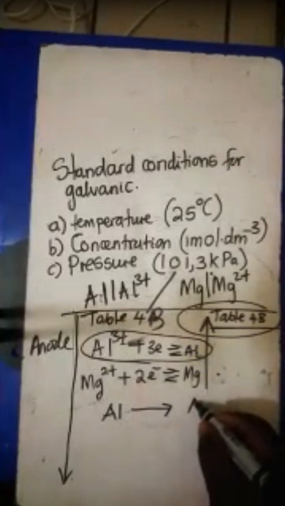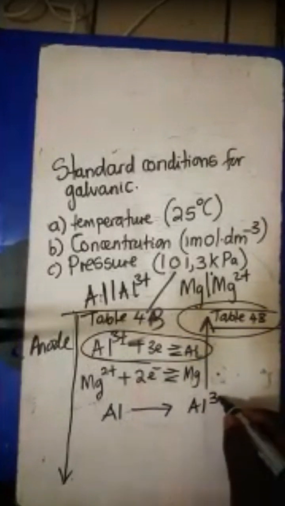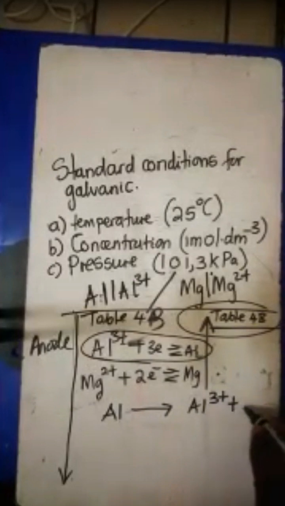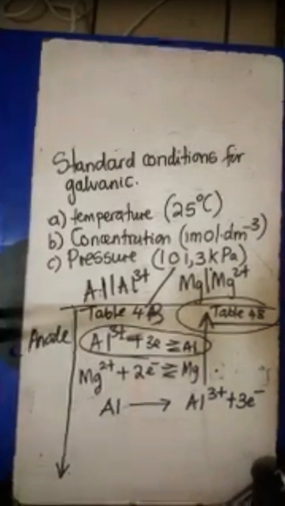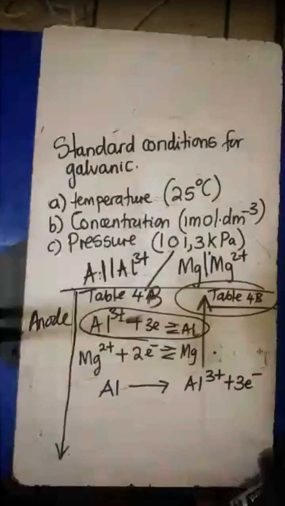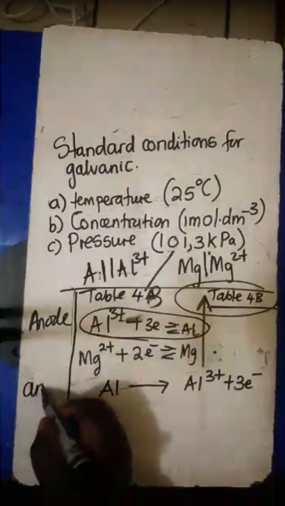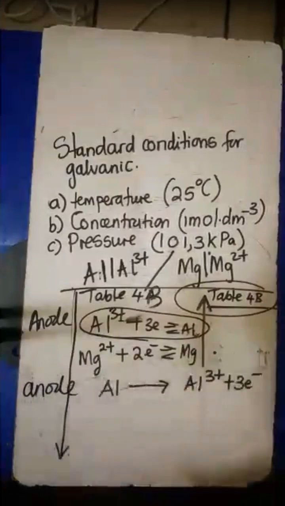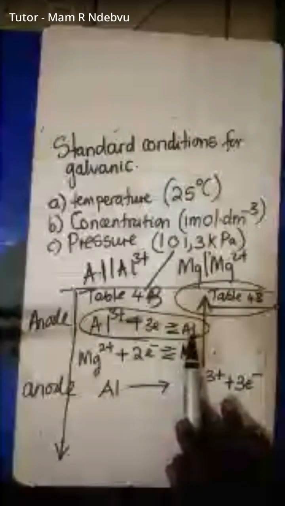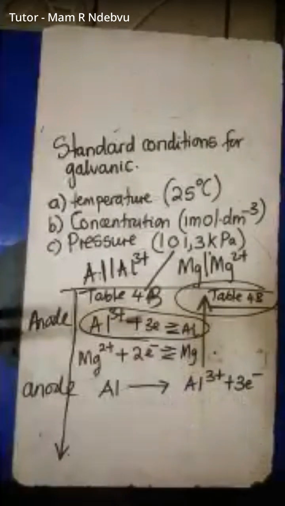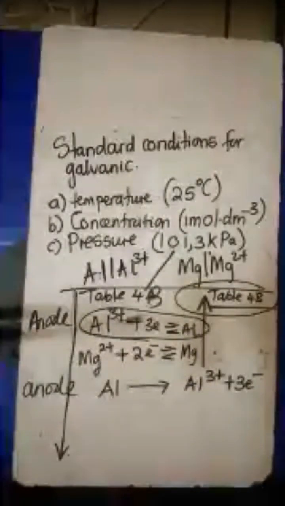Then you put aluminium 3 plus, 3 electrons. When I mean by reverse, you write what is on the right first. Remember I said on the 4B table, anode is what you see first, the one which has got a higher reducing ability. Can you see that?